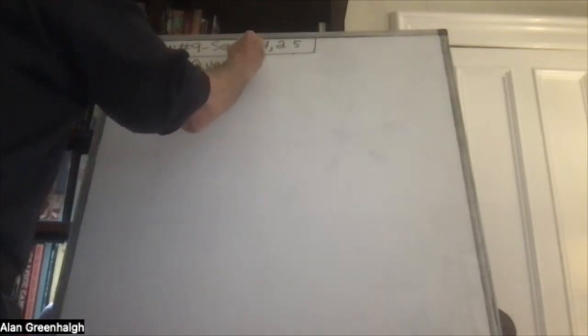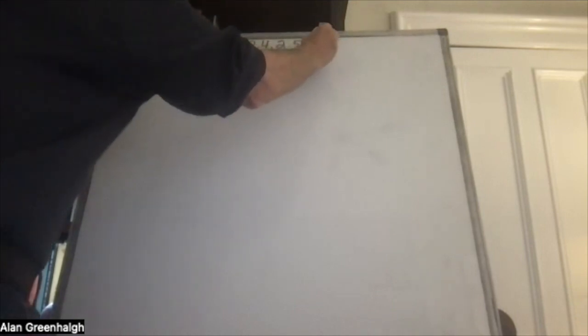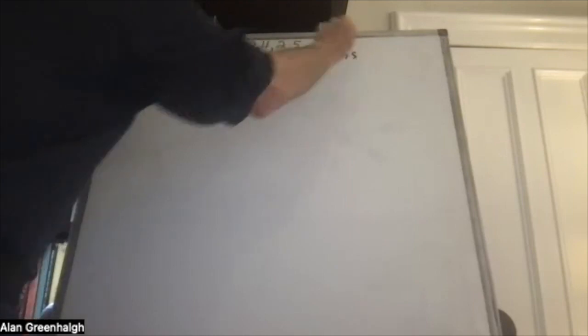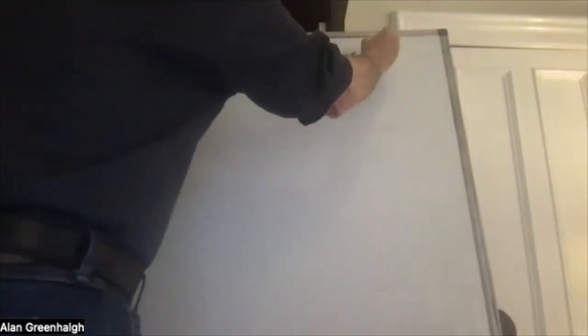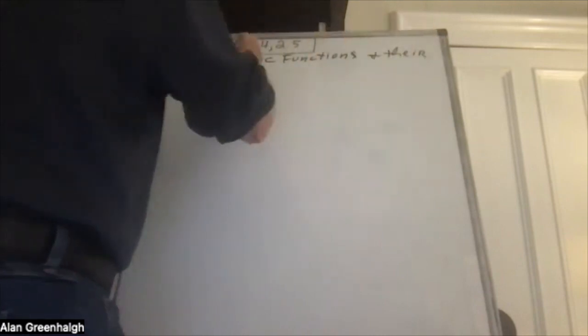One of the things we do when we come up against a new function, and the name of this section, section 2.4, is called quadratic functions and their transformations.